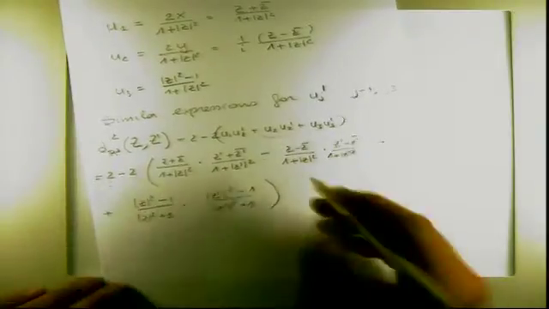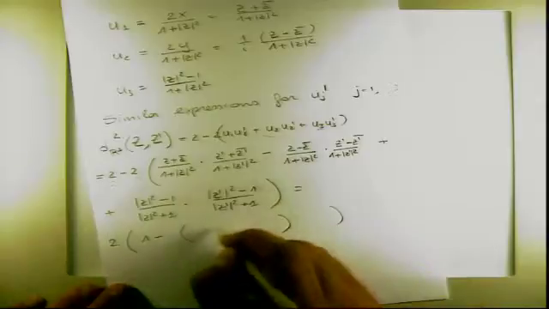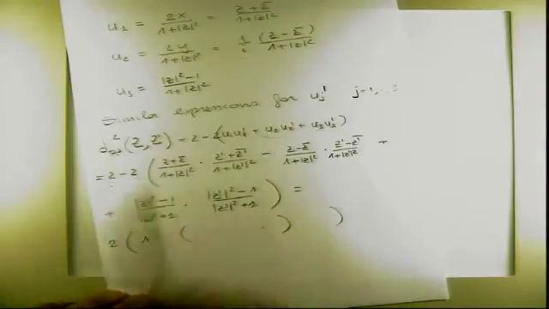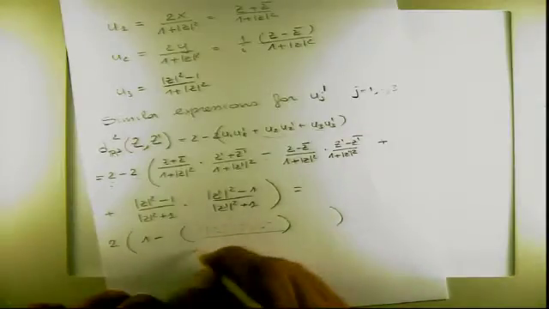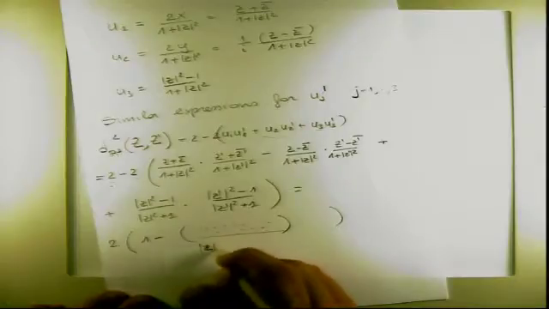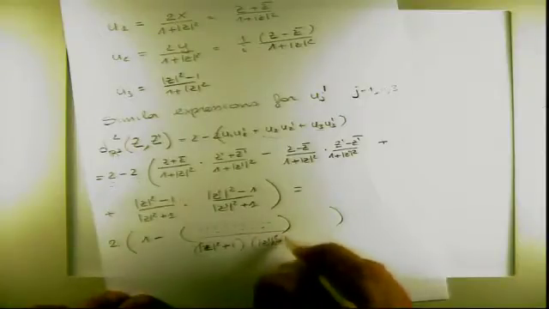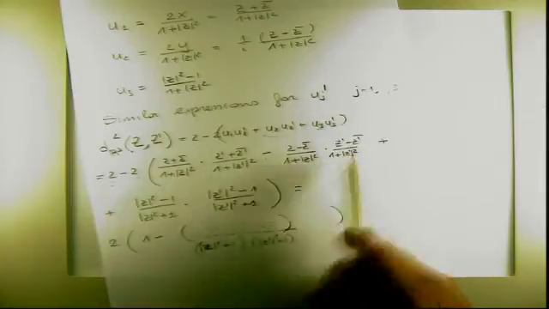So I have 2 times 1 minus something. This something has to be calculated, but luckily for us, it has the same denominator: modulus of z squared plus 1 times modulus of z prime squared plus 1. They are the same here, and here.